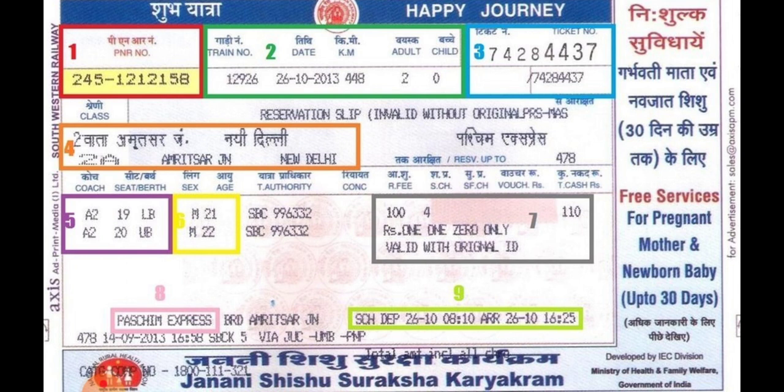Next, moving on to column number 7. In column number 7, we have the ticket fare, that is, the cost of the ticket. For two people traveling from Amritsar to New Delhi, it costs 110 only, which means 110 rupees only.